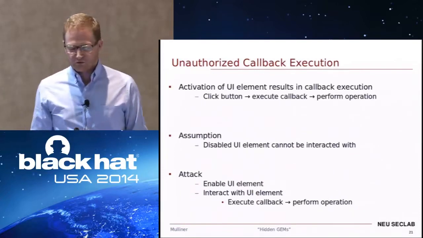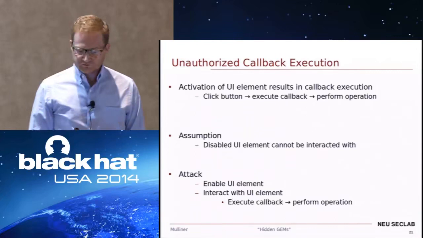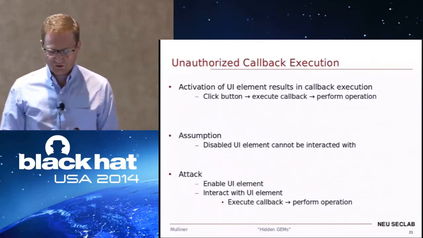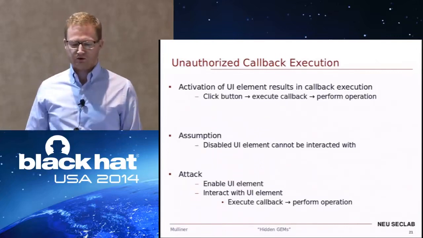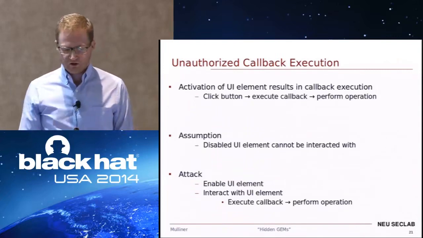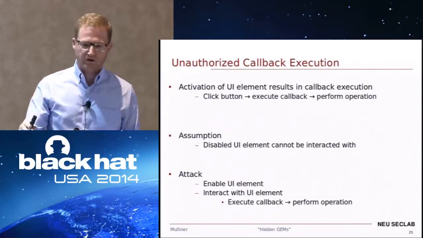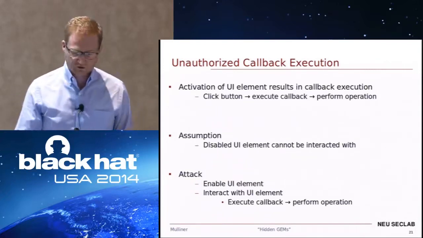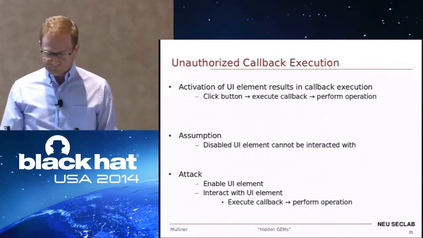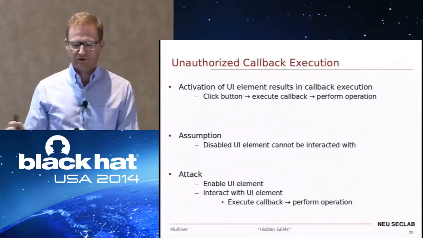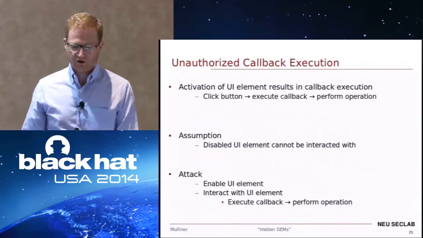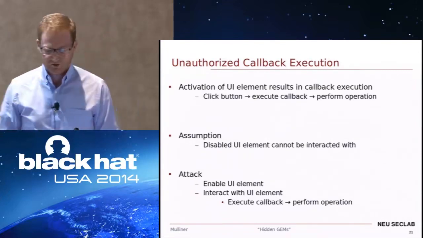When you look at the first one, unauthorized callback execution, normally how UIs work, you have some UI element, and if you activate it by clicking on it, focusing it, or pressing enter, the activation executes a callback that then performs some operation within the application.